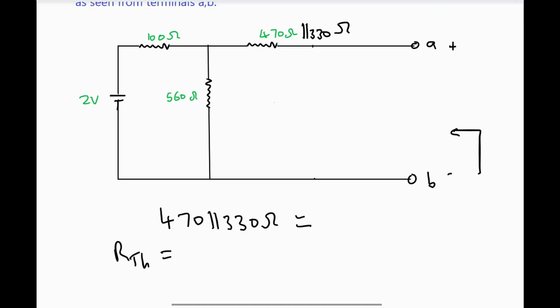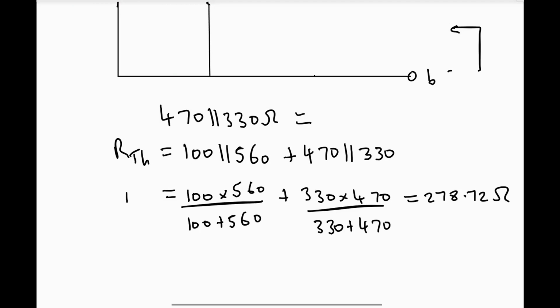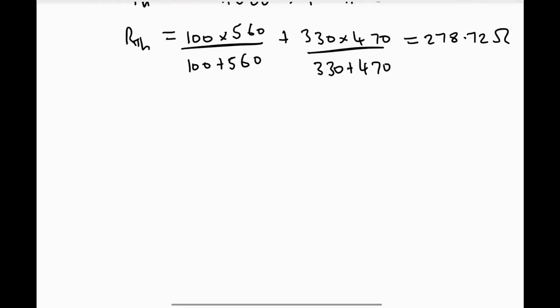So my resistance for the equivalent circuit diagram is 100 in parallel with the 560 ohms plus 470 in parallel with the 330 ohms. Solving this, I have my R Thevenin as 278.72 ohms.